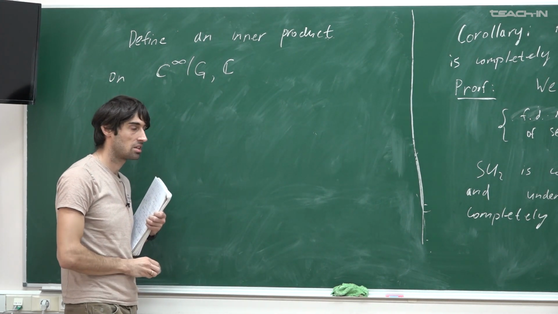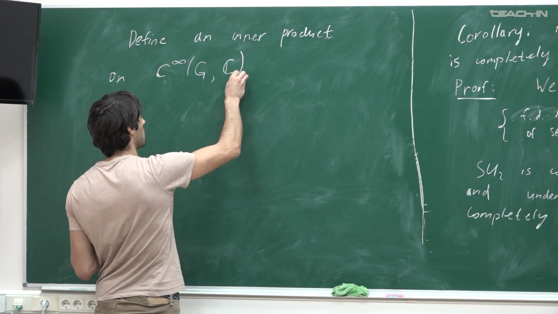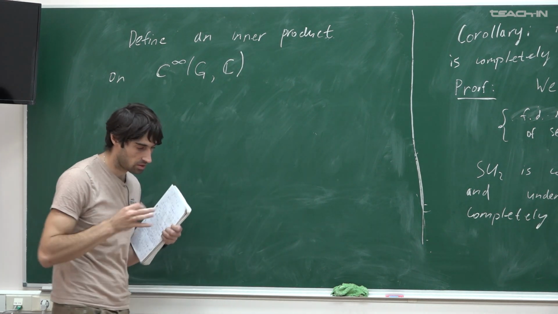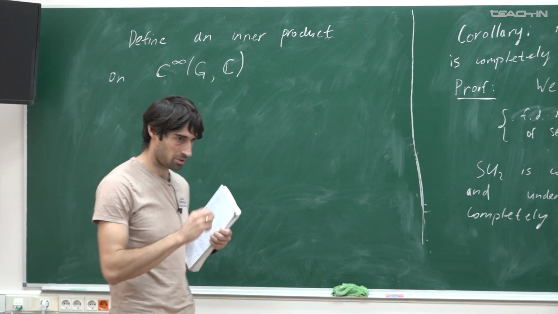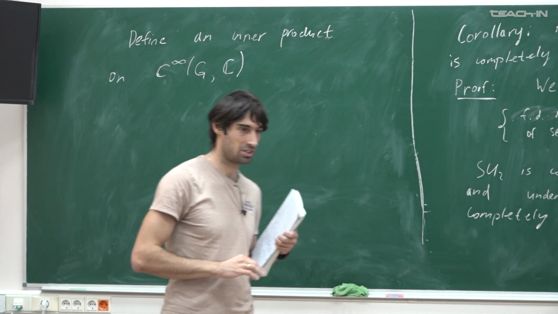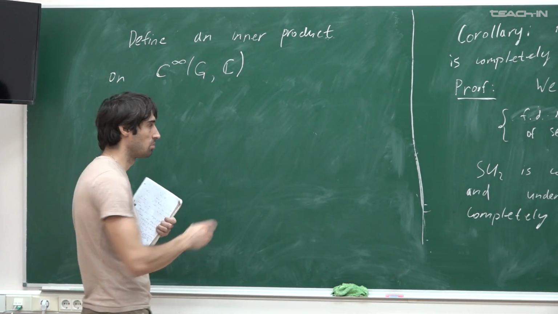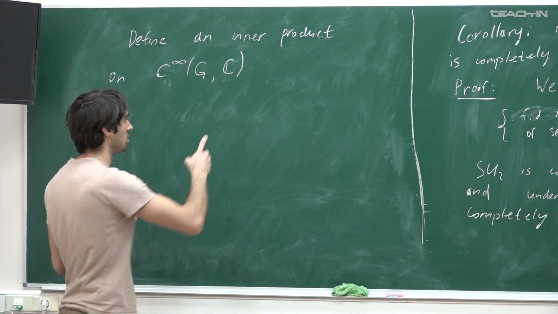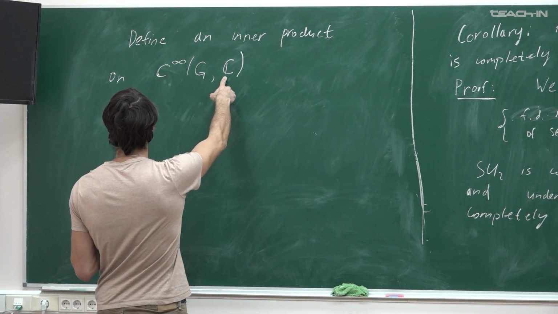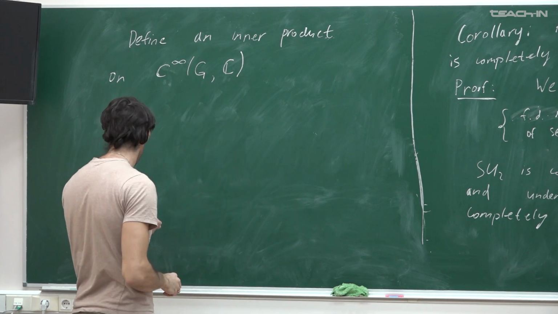Since I will talk about orthogonality of elements of a matrix of representations, and since representations are complex, I would like my smooth functions to be complex valued. So this is why I put C in here.